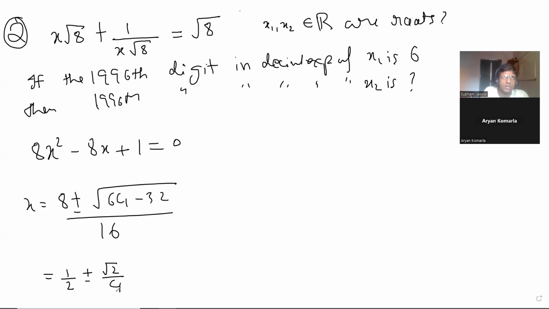We can simplify that: root 32 is root 2 squared into 2 cubed, which is 4 root 2. So that's root 2 by 4.